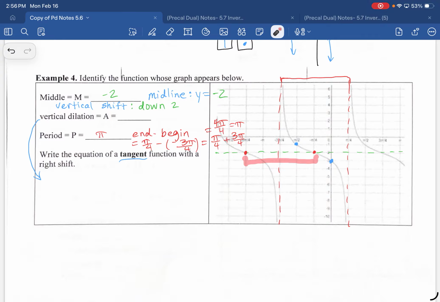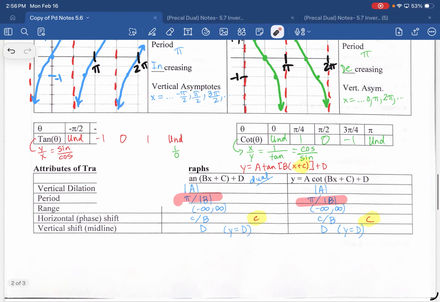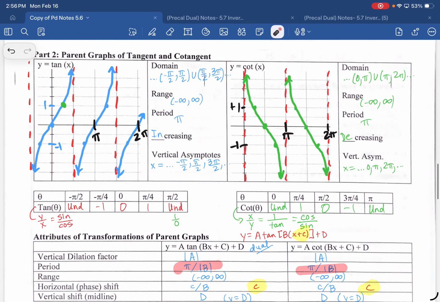I can control whether some things are positive or negative. The negative I need in the A because of the reflection over the x-axis. I don't need another negative.